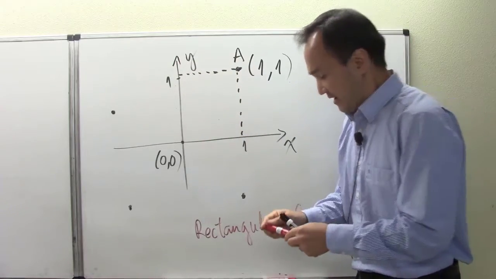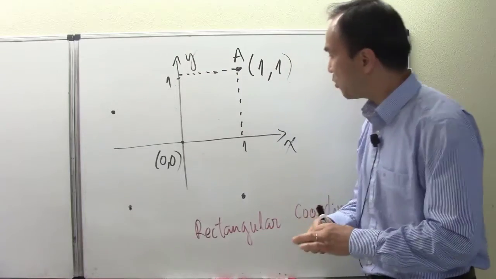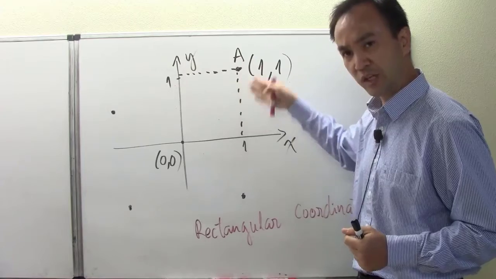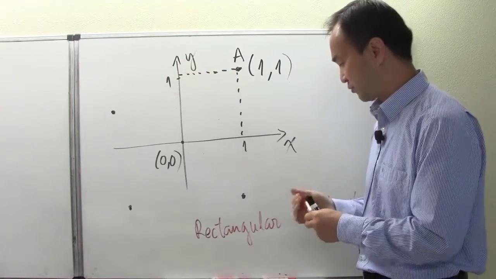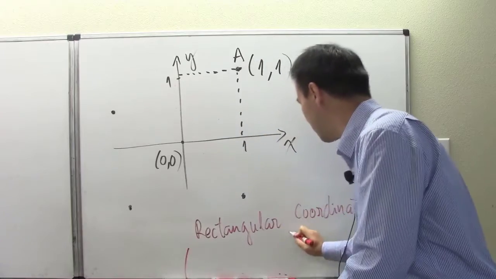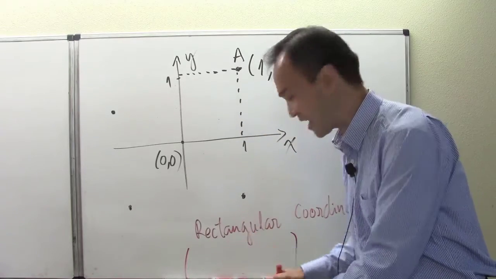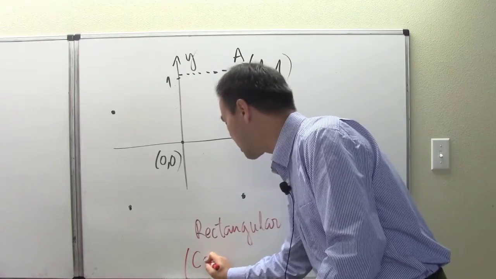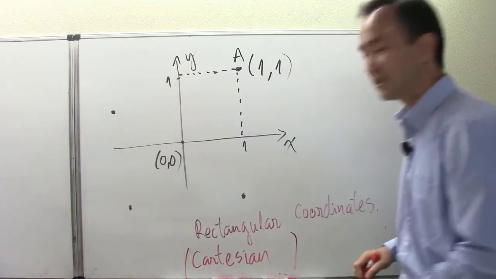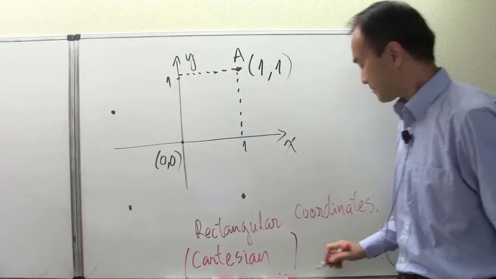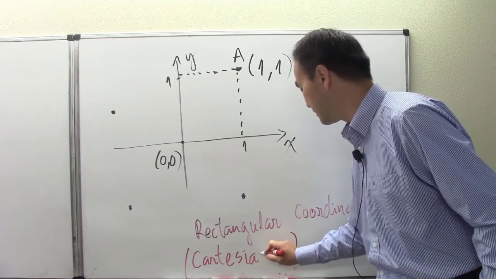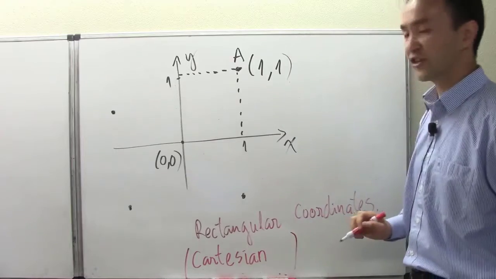Another way of saying this way of representing a point using horizontal and vertical coordinates is that it's also known as the Cartesian coordinates.